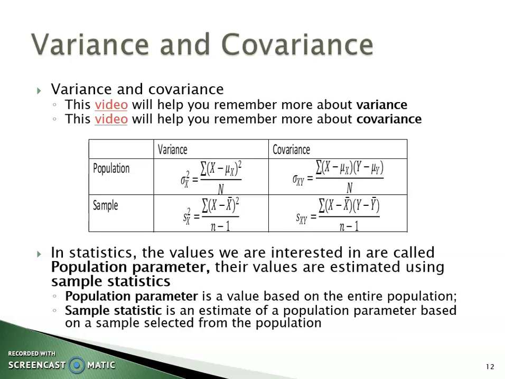So the correlation is limited to a range from -1 to +1. However, for covariance, the two variables are not standardized. The value of covariance is dependent on the metrics or the values of the two variables, x and y.